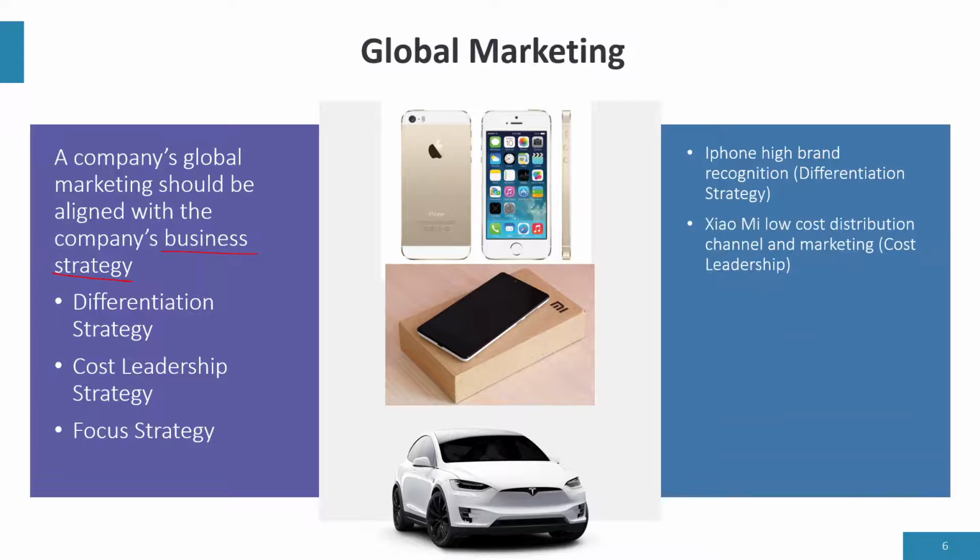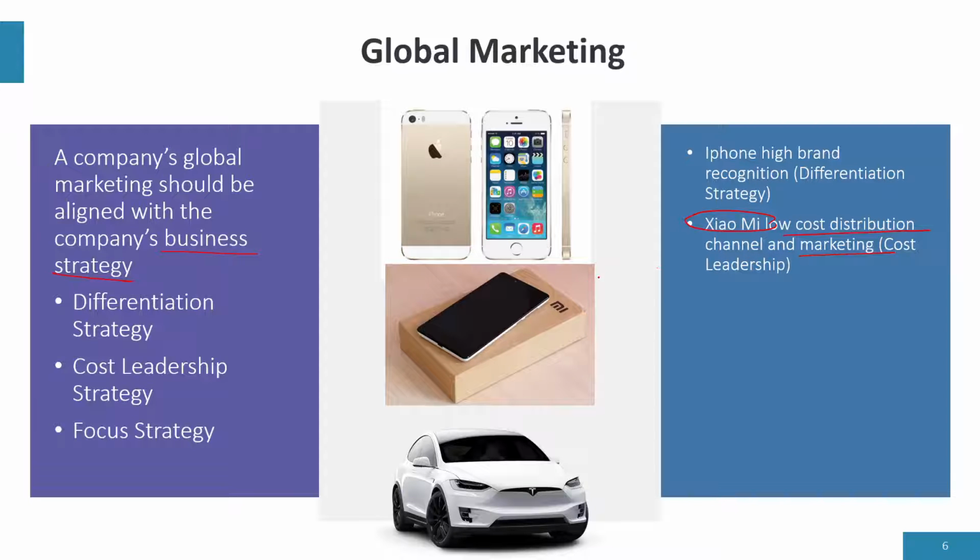And we know Xiaomi uses a cost leadership strategy, where they lower their distribution cost, their marketing cost, and their production cost in order to be a smartphone that is very cheap but with considerably high features.